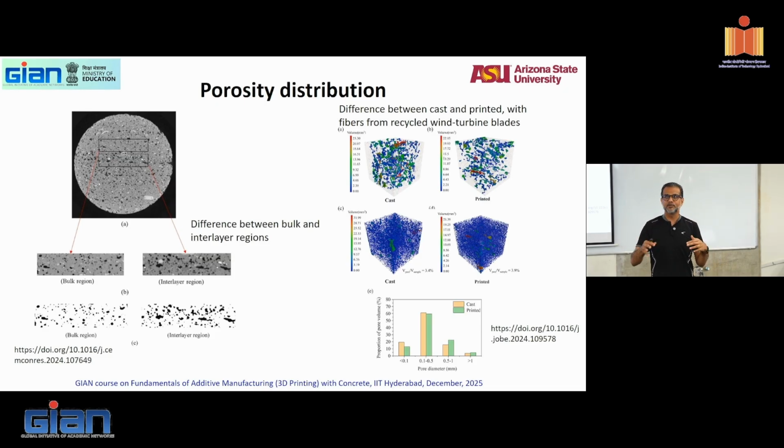If you're faculty, these are good undergraduate projects to give to your students. You can print with different mixes to see what the layer differences are, what the overburden pressure is, how much porosity you're getting, and what different mixes do. These are good examples for students to understand the implications. They are also good master's projects, which can be done in a few months.